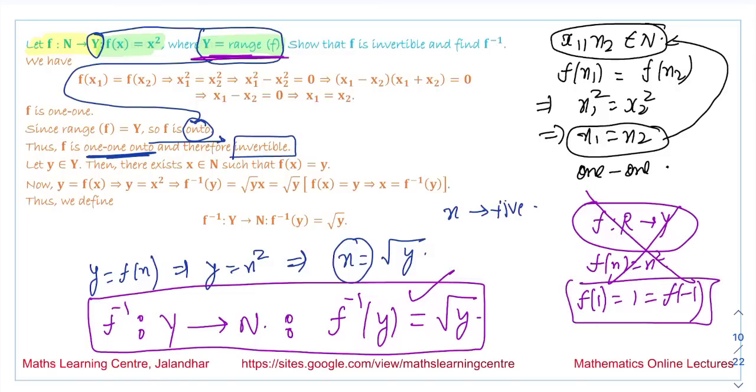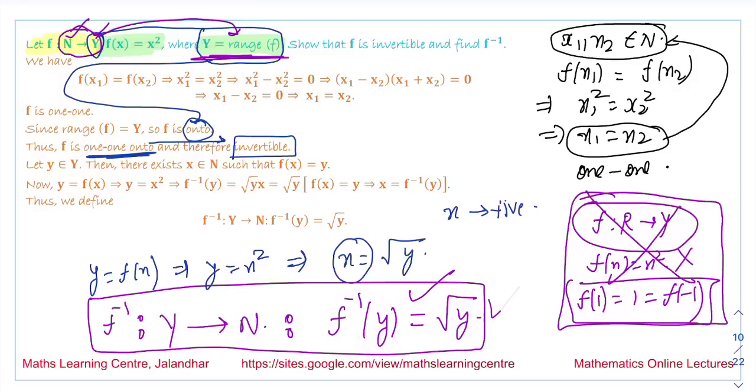So it is not 1-1. It means it is not bijective, so this function is not invertible. But when we are considering the domain as N and the range as this set Y, where Y is equal to range of f, then this function is invertible, and the inverse function is given by this formula.